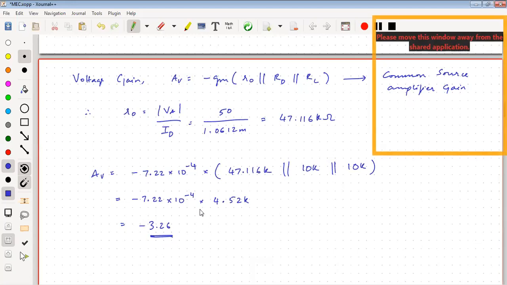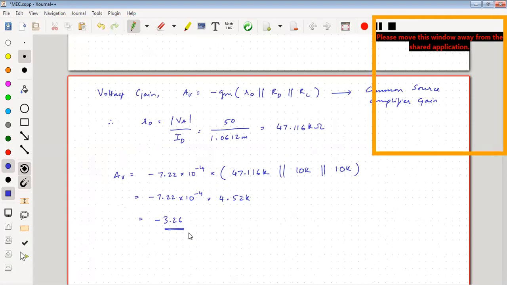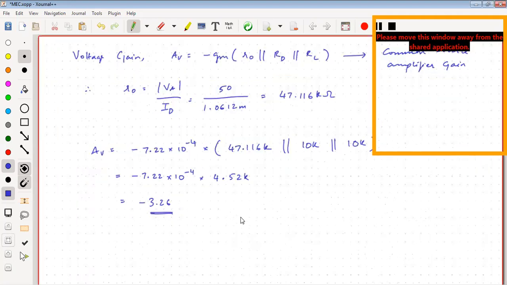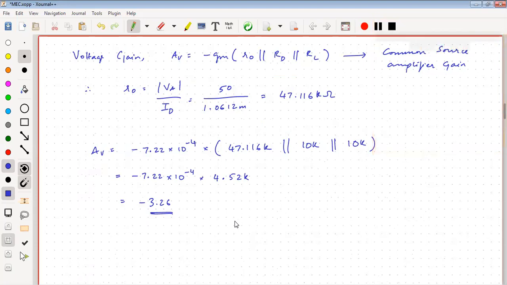Okay, so this is the gain of your amplifier. Once again, go through this and cross check if the answers which I get here are correct. I'm using the calculator as well, so you can always go back and correct me if I'm wrong. Alright, so I have found out Av now, which is minus 3.26.